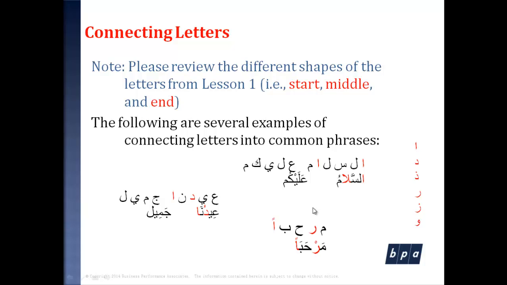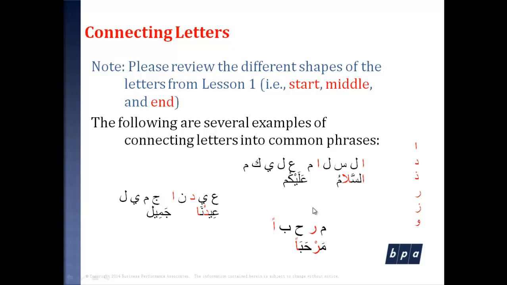The third phrase is one word. You have the Mim, the Ra, the Ha, the Ba, and the Alif with two fathas. We call these fathatain. You can see as the Mim, only the top part is written. The Ra keeps its shape.